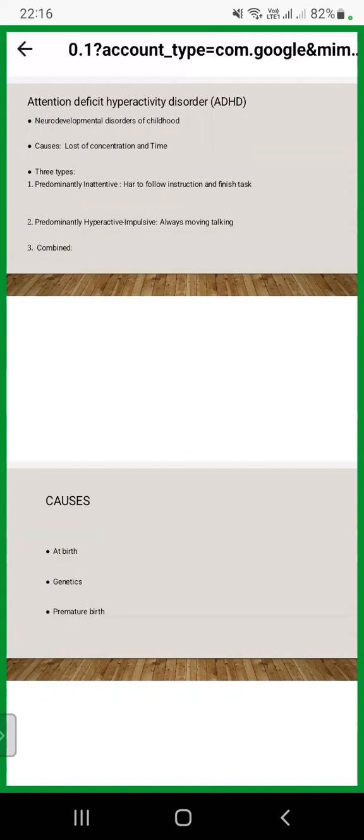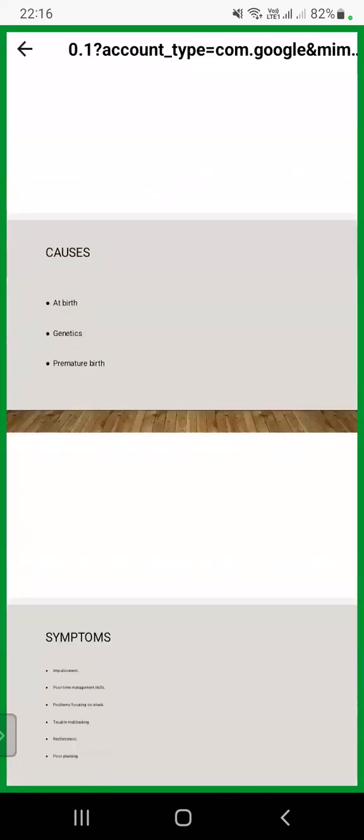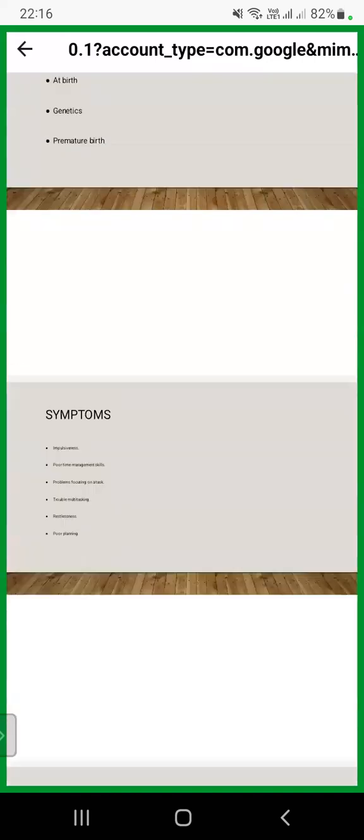So what causes this? As I said, you get this when you are born, and of course, there is still research being done by scientists. Being born with very little weight, or being born very small, premature, might be one of the reasons.